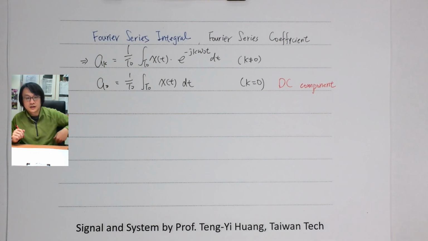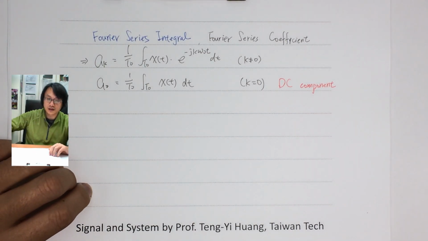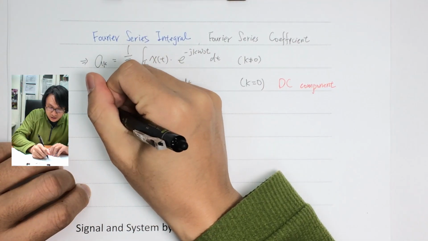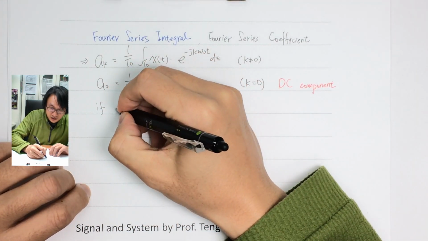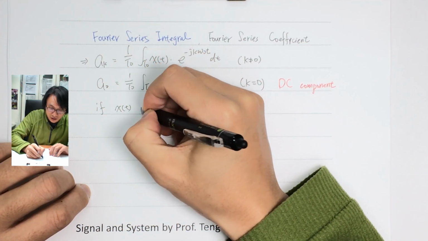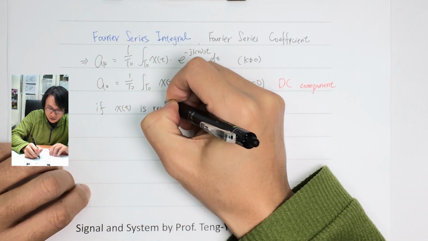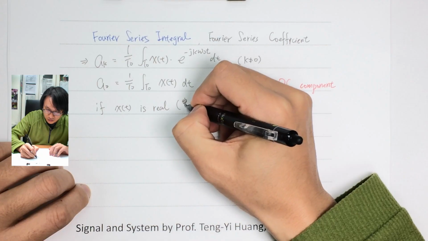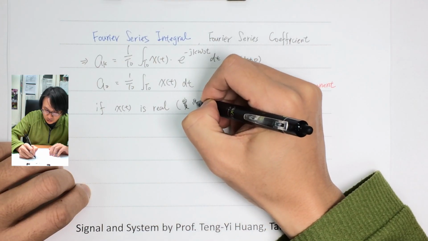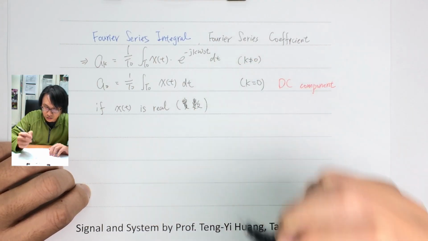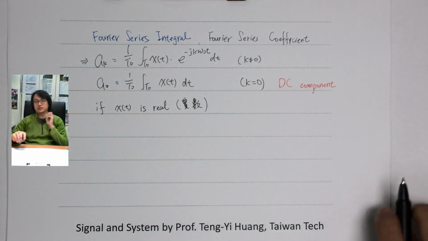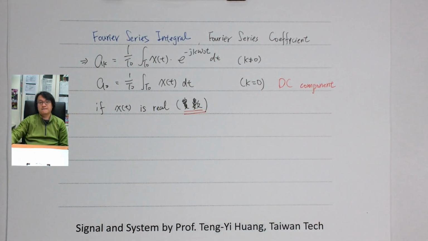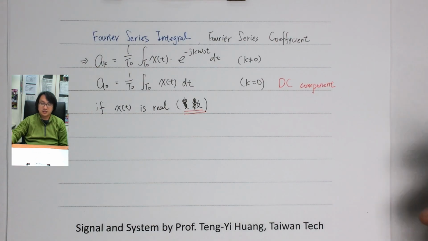Okay, another point. Suppose x of t is real, meaning it's real valued. If x of t is real valued, then we have a property.